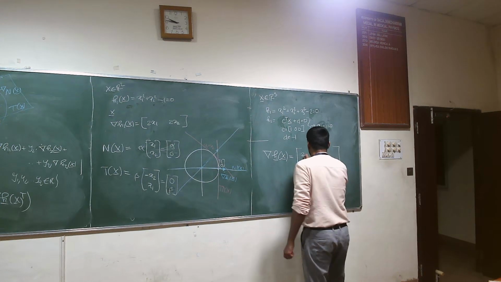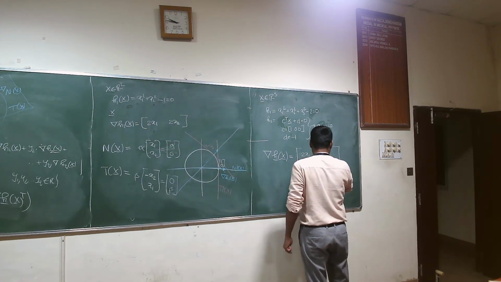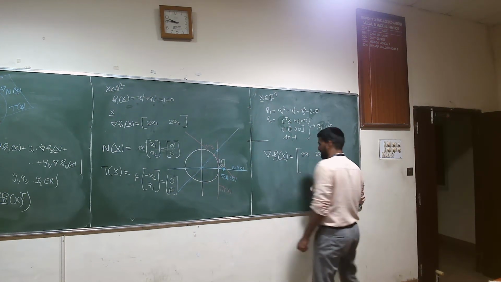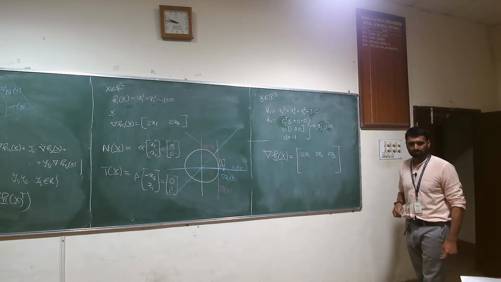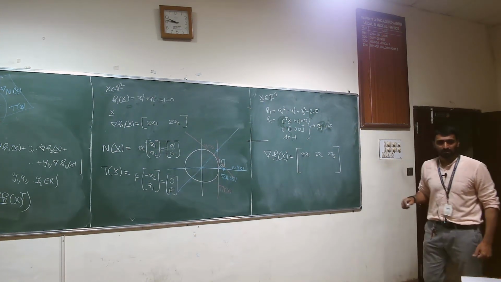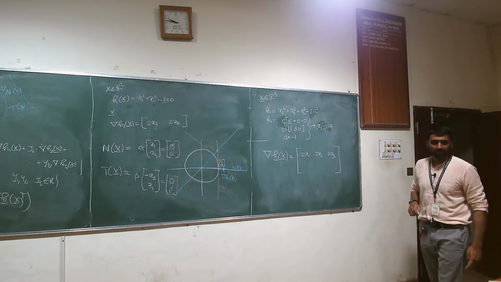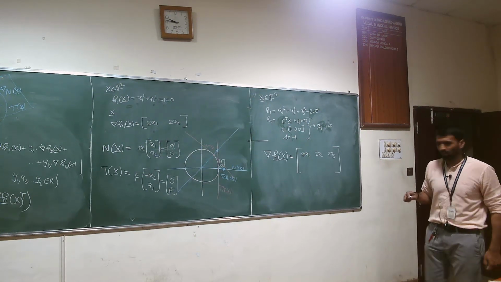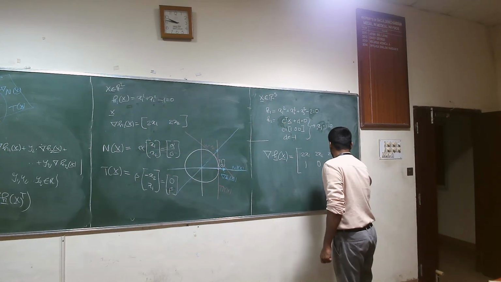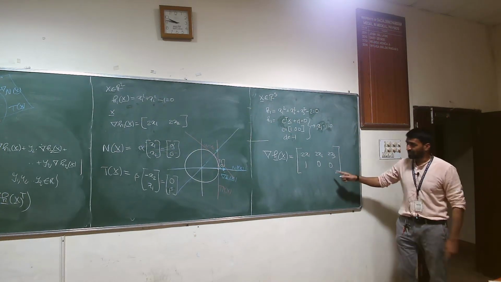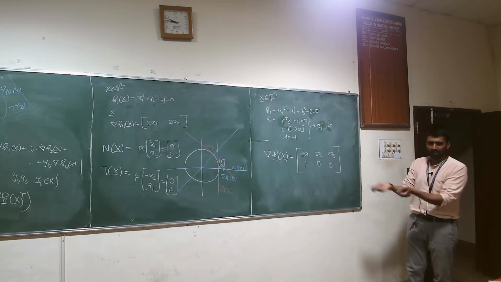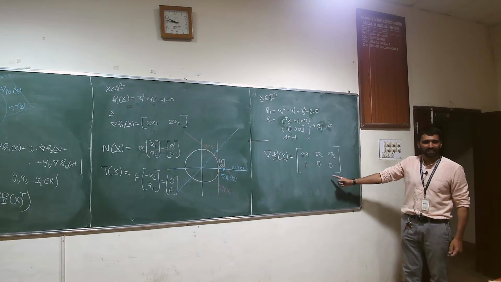Okay, so this is x1, x2, x3. What about the second one? x1, is it? The gradient. 1. Yeah, that's all. That is at any point on this circle now, that describes my gradient.